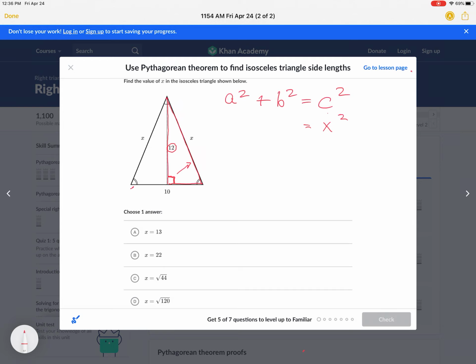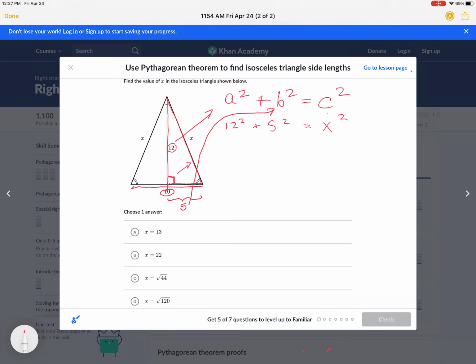I do know that this whole length right here is 10, which leads me to believe that half of that is what I need. So the length of this side that we're going to use is actually 5. I'm going to use 12 for A and 5 for B, and plug that in. So I've got 12 squared plus 5 squared equals x squared.